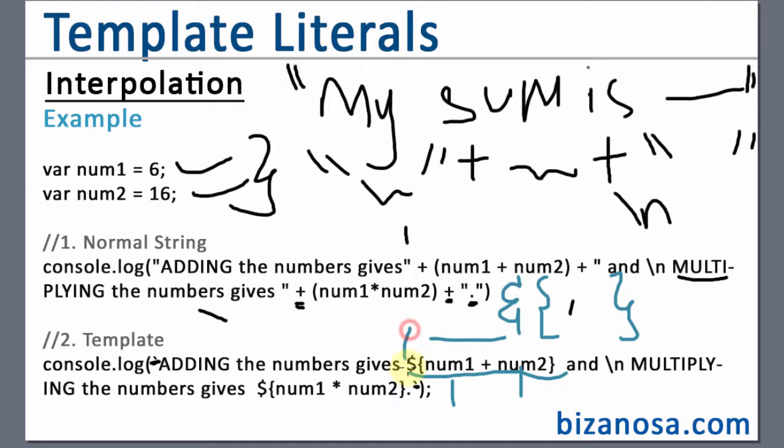So it will replace it with the result, and then it will continue writing all this, and then it will also do the calculation of this, and once it has done the calculation, it will put the result there. So in this case, we don't have to do any concatenation the way we did here. This is of course best done as an example, so let me go to the browser and see how we can do this.